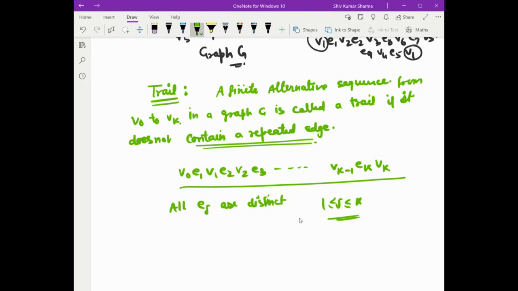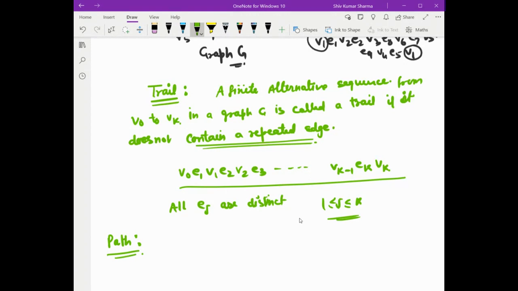Next, we define path. The definitions are approximately similar, but there is a little difference. Some graphs have repeated vertices, some have repeated edges, some have neither, but all make a finite alternating sequence. It depends upon whether repetition of vertices is allowed or not, and whether repetition of edges is allowed or not.